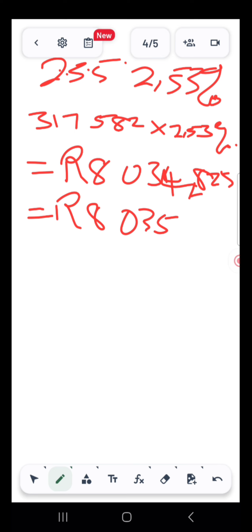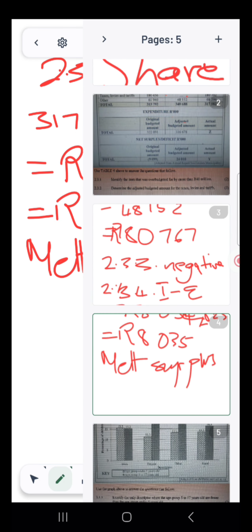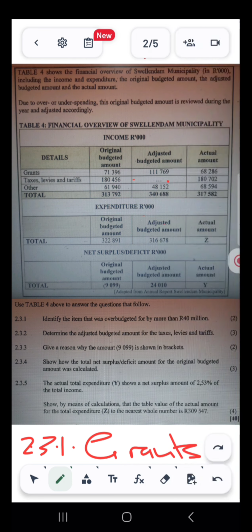Okay, now this is the net surplus. Remember, the question told us that 2.53% of the total income is your net surplus. That's our net surplus.